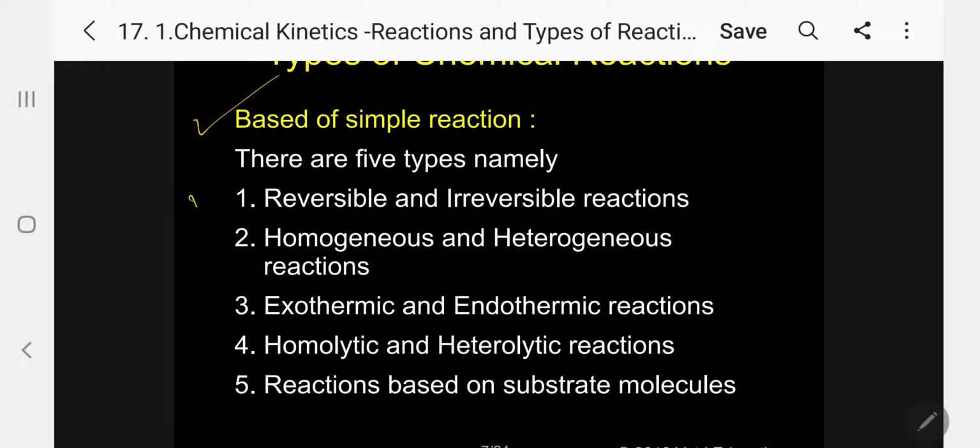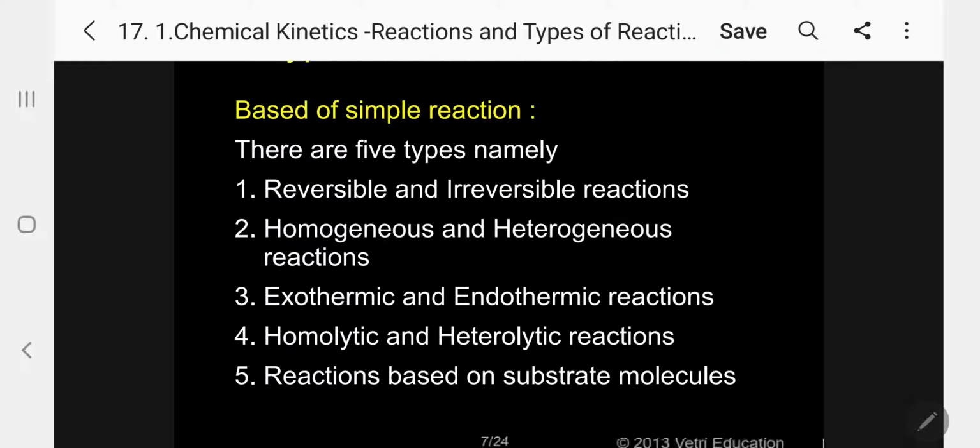One is reversible and irreversible reactions. Number 2, homogeneous and heterogeneous reactions. Number 3, exothermic and endothermic reactions. Number 4, homolytic and heterolytic reactions. Number 5, reactions based on substrate molecules. These are the types of chemical reactions based on simple reactions.